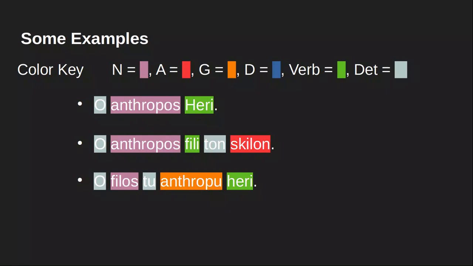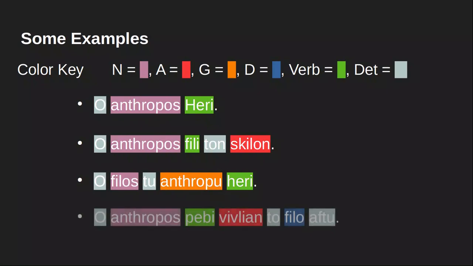So you could actually read this as the friend of the man rejoices. You'll also notice that the determiners, ton, tu, you actually decline the articles or the determiners in Greek as well to show what case the following noun is going to be in.